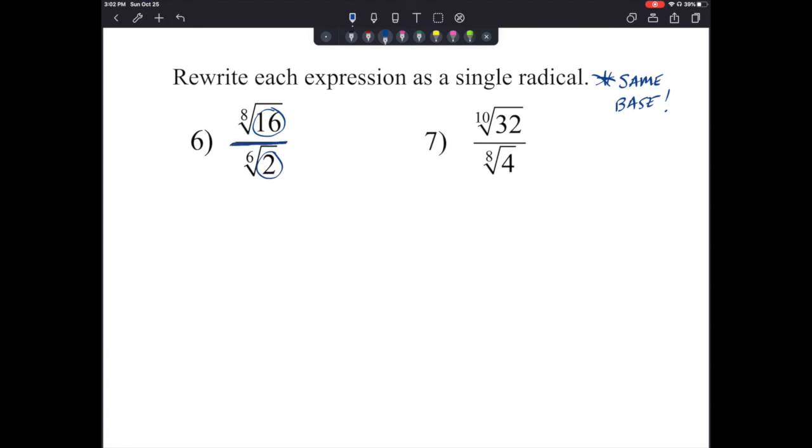If I'm doing the 8th root of 16, let's think about this instead as the 8th root of 16 equaling 2 to the 4th. On the bottom, I don't want to change my 2, so I'm going to say the 6th root of just 2. And if we took this and rewrote this as fractions, okay, let's think about that for a moment.